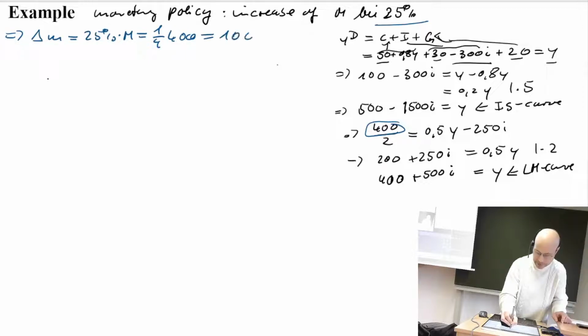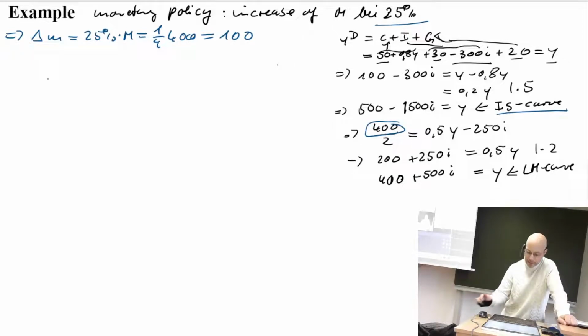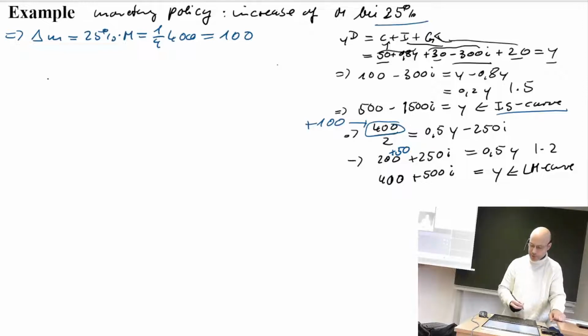So in the IS curve, of course, nothing changes, but here we have to insert plus 100. Then we obtain 500 over 2, this is 250. We had to multiply this by 2.